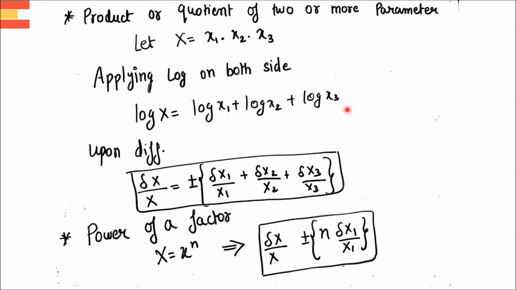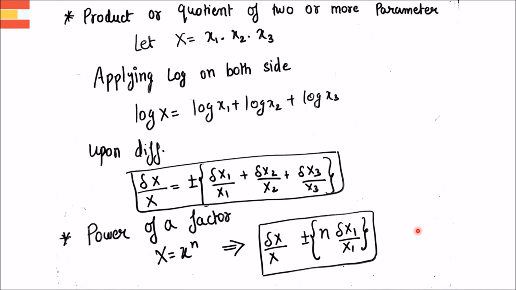So we get this form, del x by x equals plus minus del x1 by x1 plus del x2 by x2 plus del x3 by x3, because there are 3 parameters, and so on if more parameters are there. You can use the formula directly. Similarly, sometimes a power of a factor is given, that is x is given as small x raised to the power n. Again the procedure is the same, take the log and differentiate. We get the error as del x by x equals n into del x1 by x1.